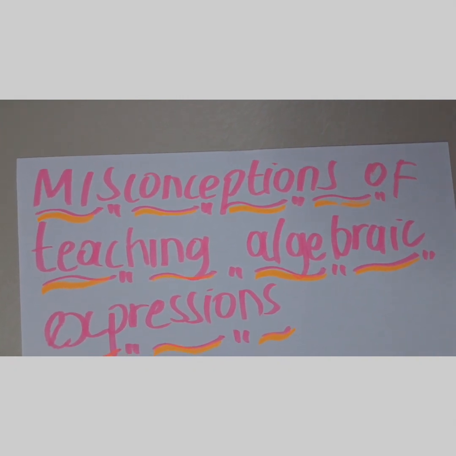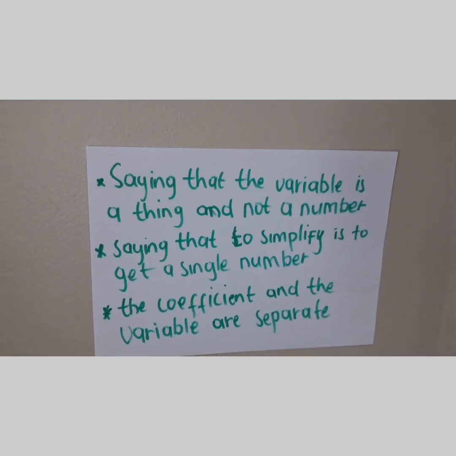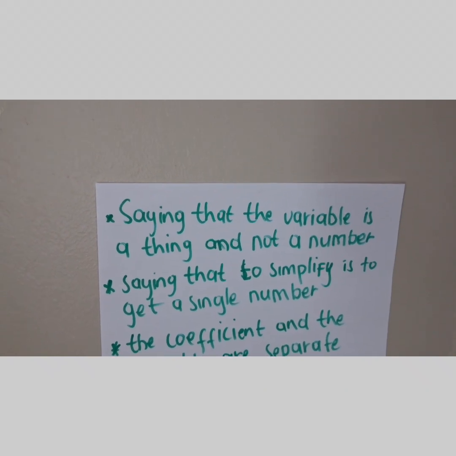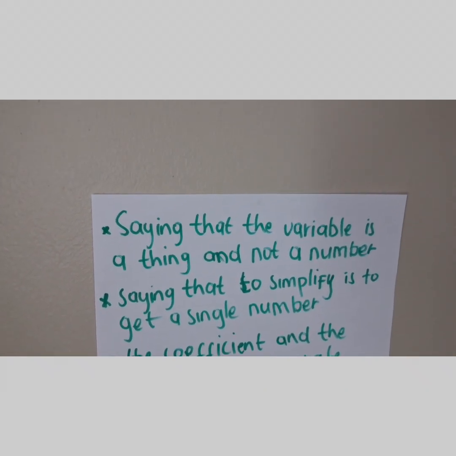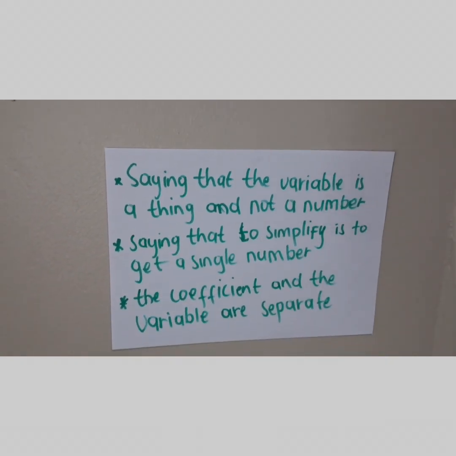The misconceptions can arise from how concepts are initially presented and the language used. The first misconception is that the letter, which is the variable, represents a thing and not a number. This can hinder a learner's understanding for years to come.